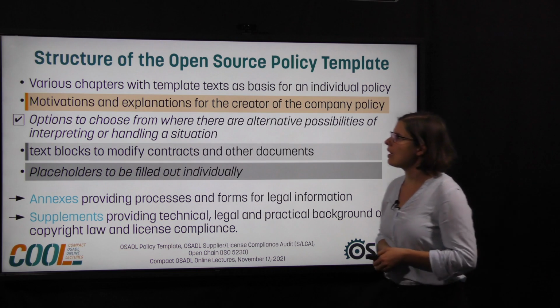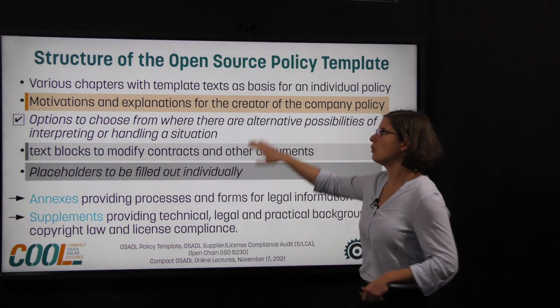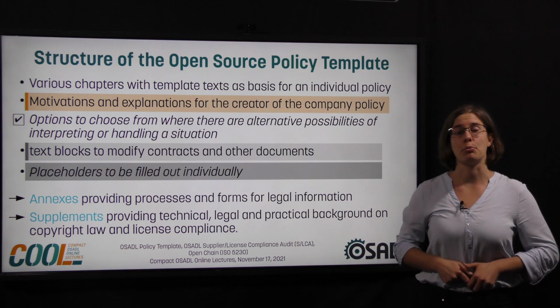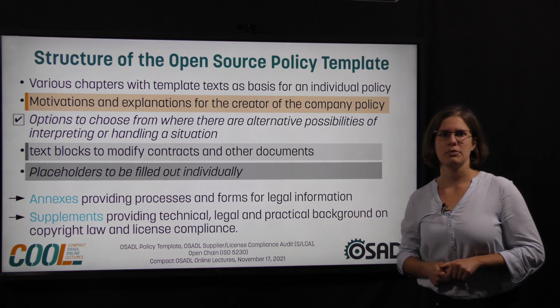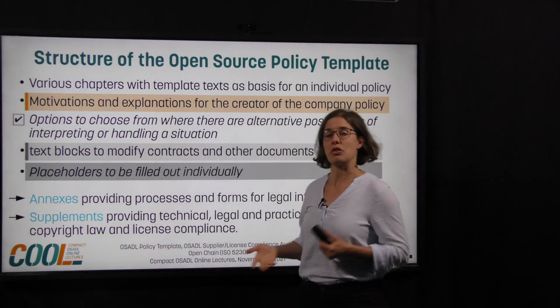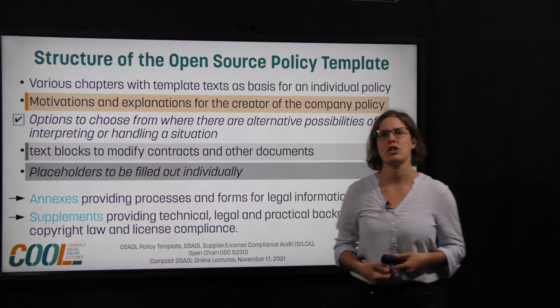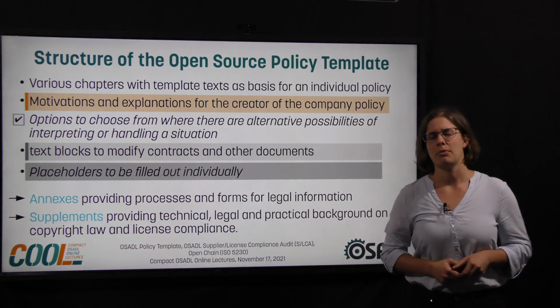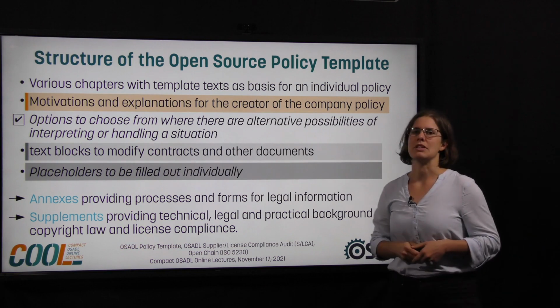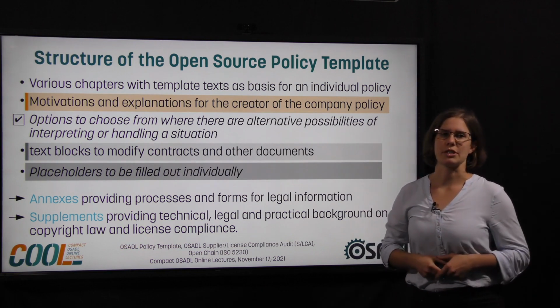Then in between those chapters, there are motivations, the orange boxes, explanations for the person who creates the policy. In case there are options, different ways of handling a situation or interpreting a license, for example, then these options are given and can be chosen.